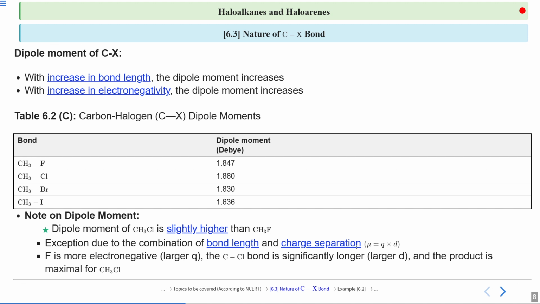Hence the dipole moment of chloromethyl will be slightly higher than fluoromethyl. This is important. This is an exception case.